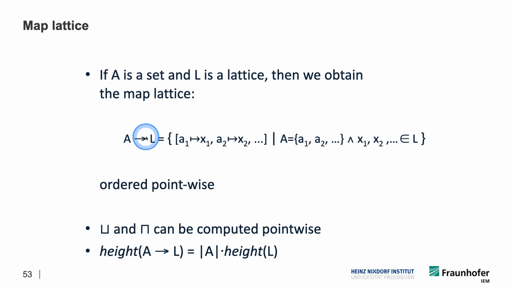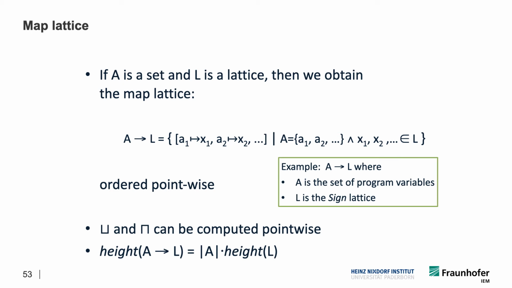So, you know, two elements here are in order if their lattice elements are in order. And it also means that your upper and lower bounds can be computed pointwise as well. And the height of this particular lattice is then the number of elements in A times the height of this lattice L. So also that is pretty much bounded.